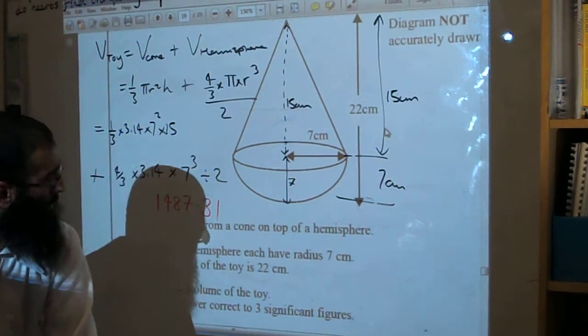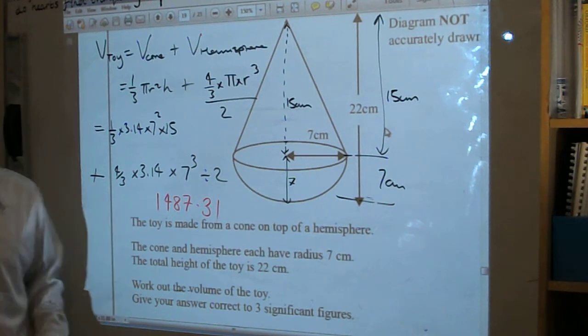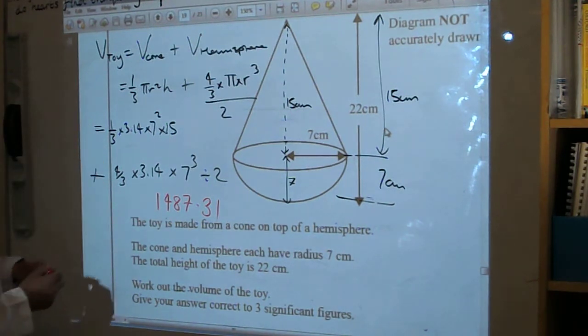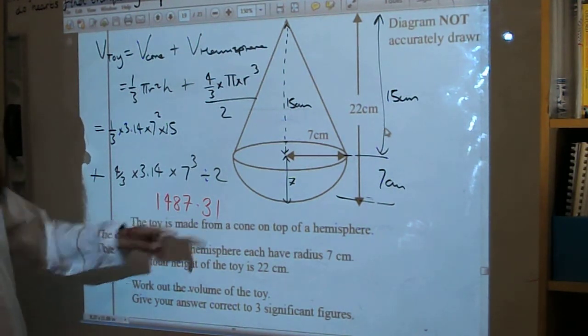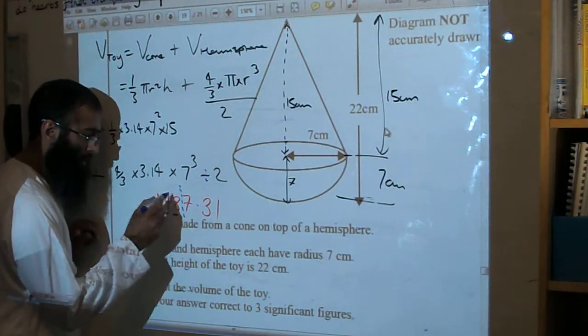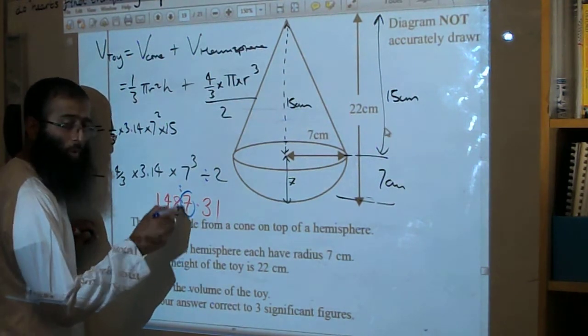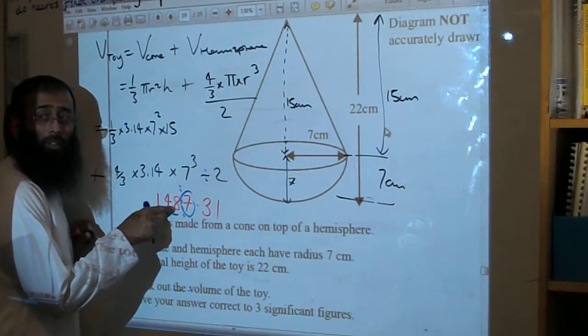In this particular question, folks, it says give your answer correct to 3 significant figures. Okay, 3 SF. That's my calculator display part of it. So first, second, third. That's the last digit, that's the decider. Because it's 5 or more, what do we do to the 8? Add 1.